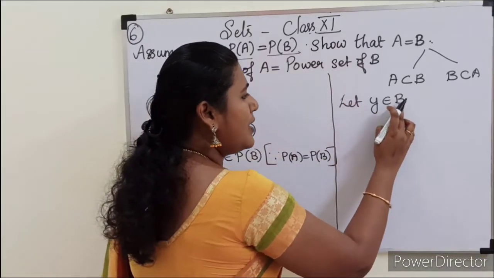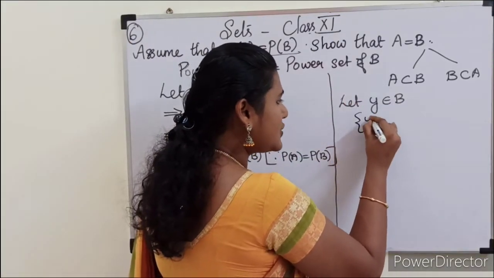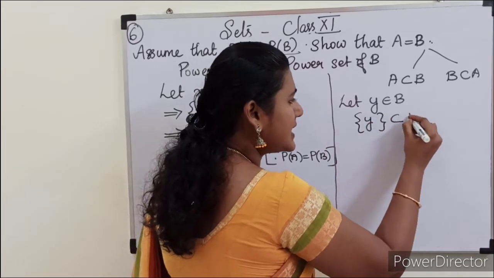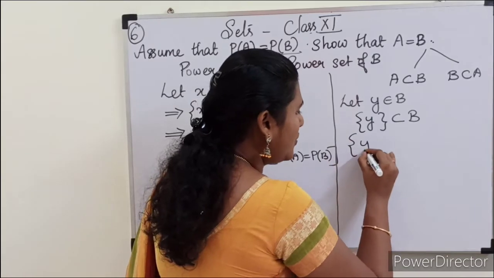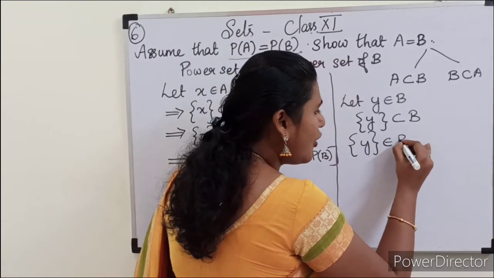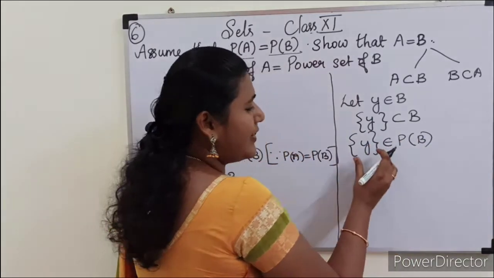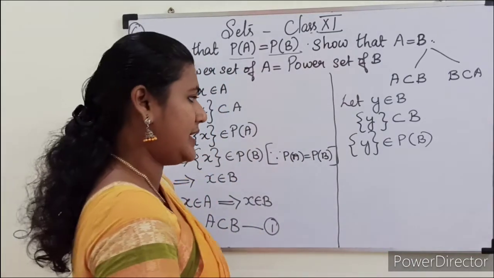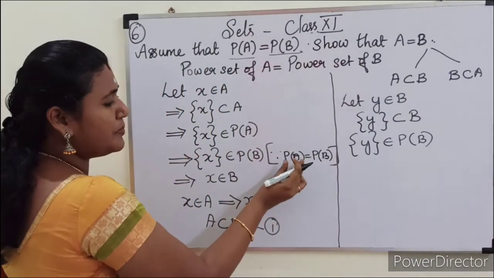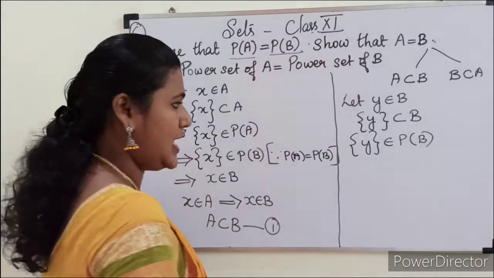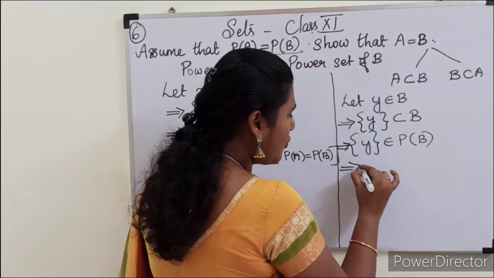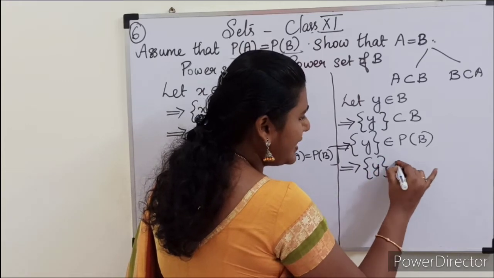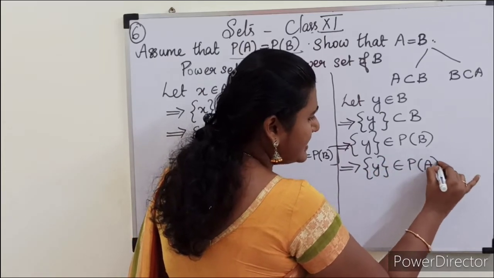So let Y belong to B. That means the set {Y} is a subset of B. So we can say that the set {Y} belongs to P of B, which means {Y} will be in the power set of B. But we have the power set of B and the power set of A are equal. So instead of this we can write the set {Y} belongs to P of A. So what is its meaning?